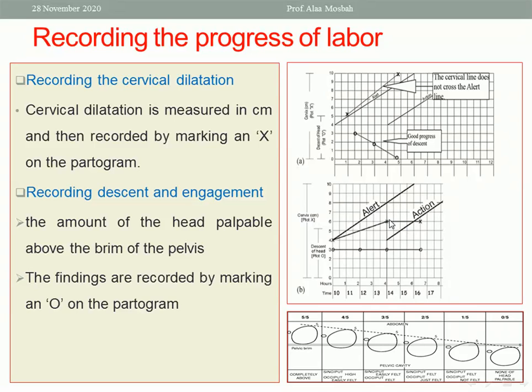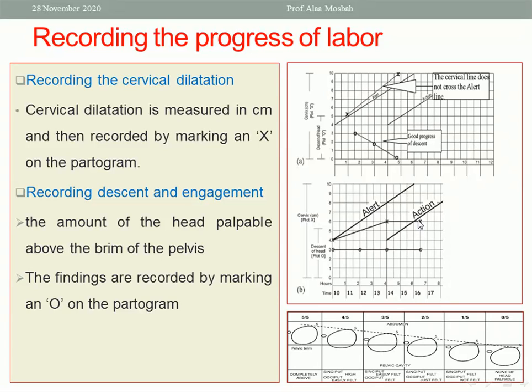And the line or the curve crossed the action line. This is dangerous. This is dangerous. Okay? It means there is a problem in the progress of labor, maybe cephalopelvic disproportion, contracted pelvis. There is something wrong here.